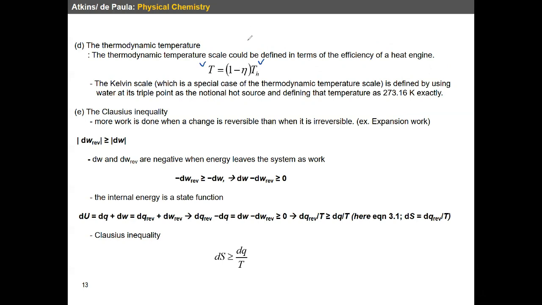If we rearrange this definition of efficiency in terms of temperature, then we call this the thermodynamic temperature.